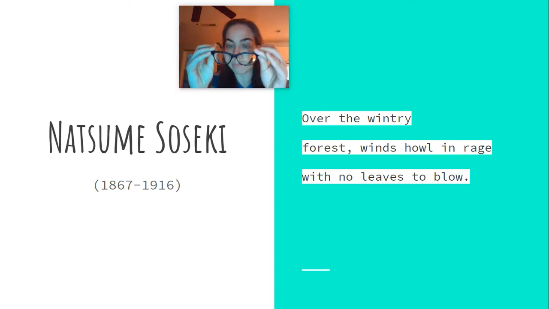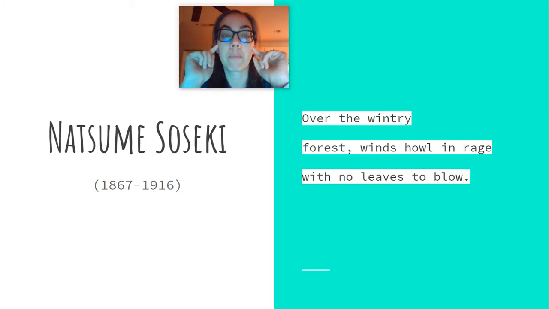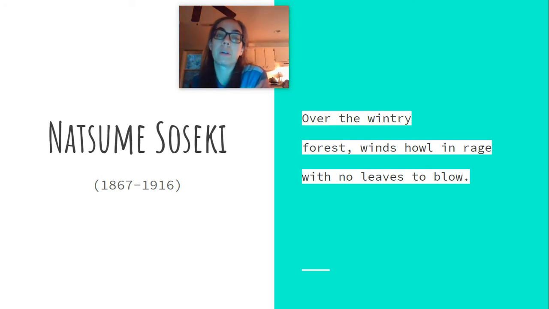One of the things, if you noticed, we just got through talking about imagism, where we looked at Pound's "In a Station of the Metro" and the moon poems. That particular style of poetry was inspired by haiku. So this is almost like a step backwards in lineage.